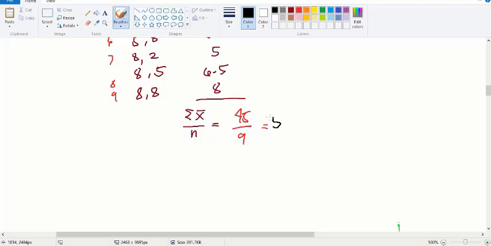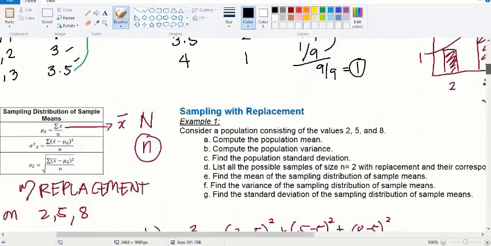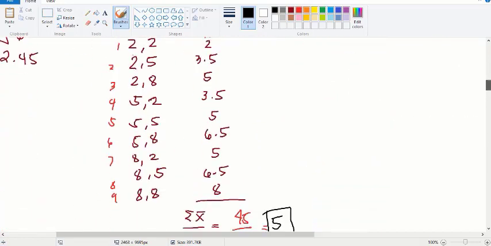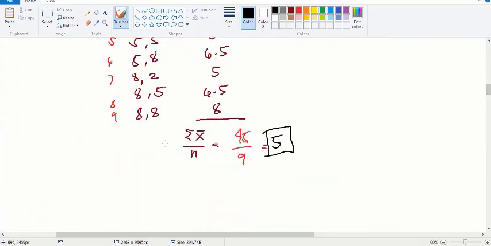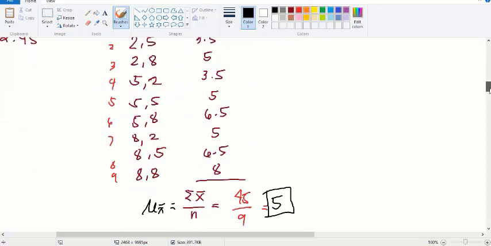Okay. Now, that is, what do you call this one? Ito siya, oh. There you go. Let me go back here, down. So, ito actually is the mean of the sample means.